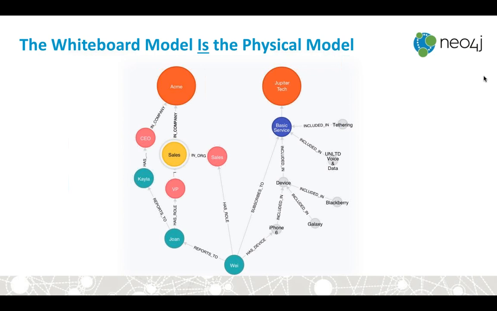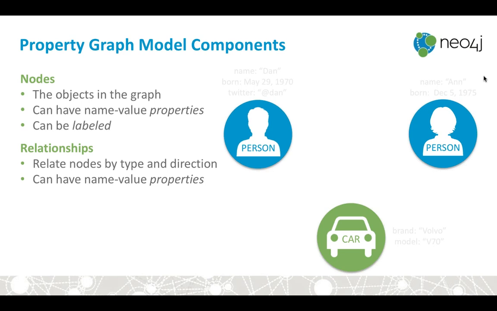So you whiteboard out something like this, and then you create the physical model that is stored on disk in Neo4j, and the physical model looks identical to the whiteboard model. This makes it a lot easier to align the thoughts and the processes of the business folks within your organization with those folks that are actually architecting and developing the applications.